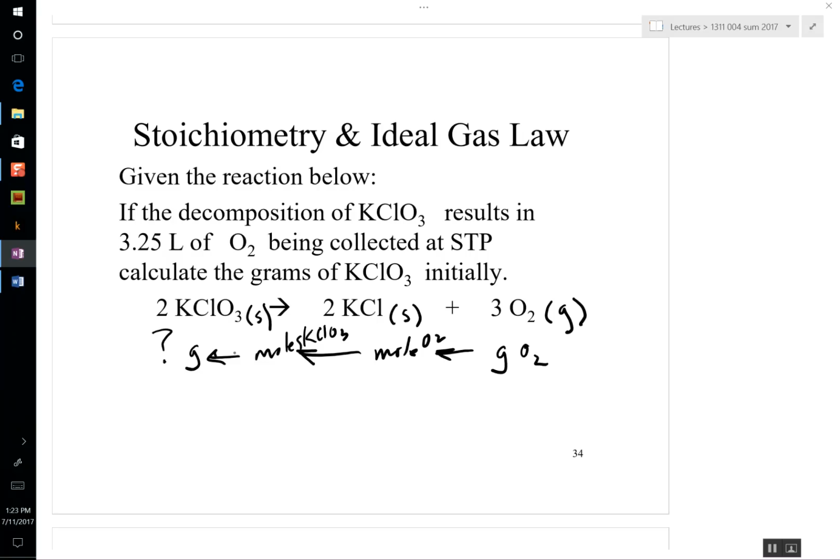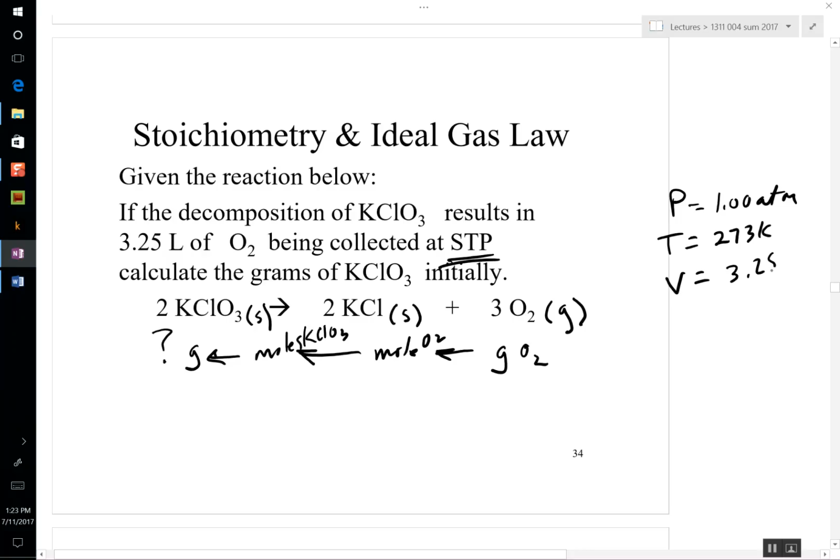It gives you a pressure, standard pressure, a temperature, standard temperature, and a volume of oxygen, 3.25 liters of oxygen.